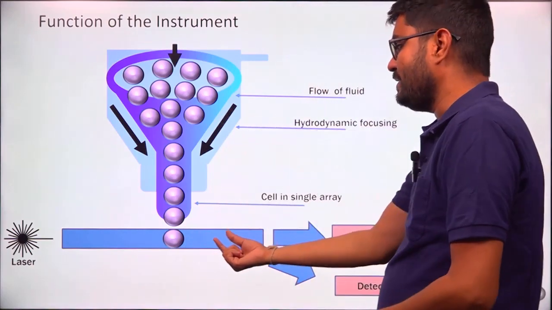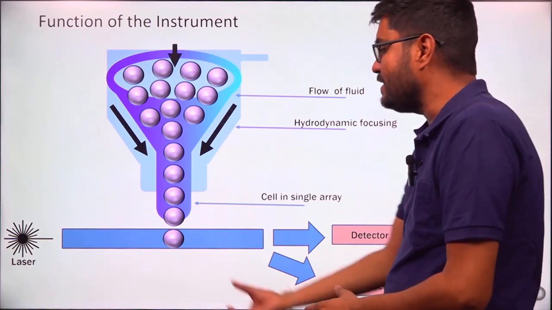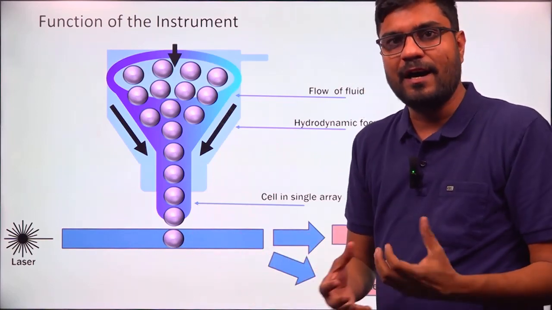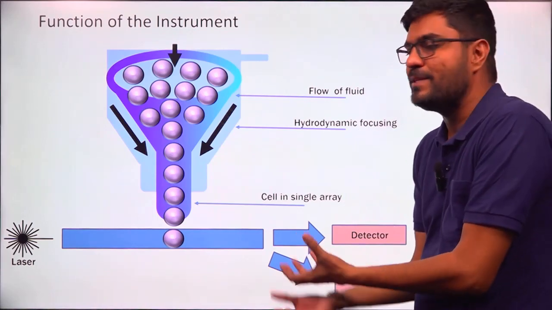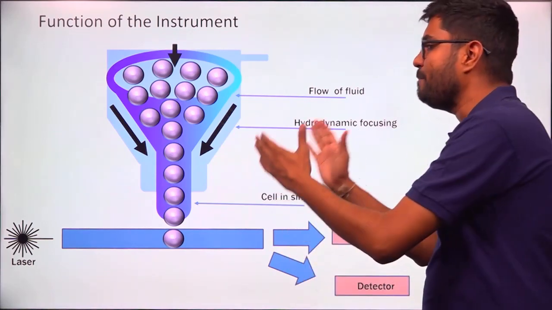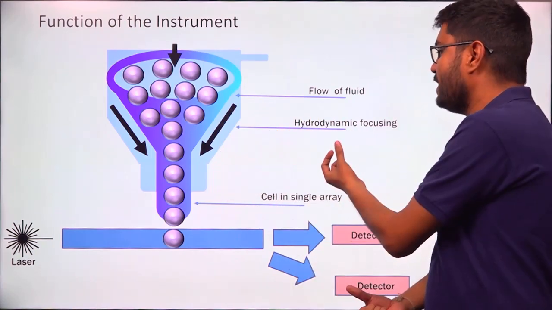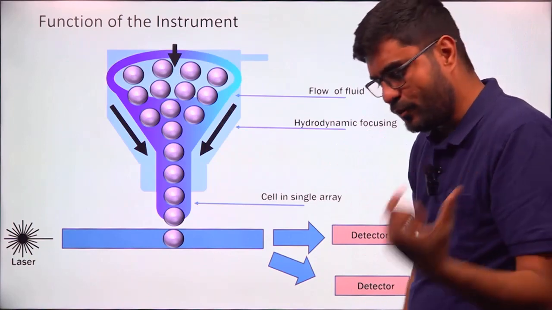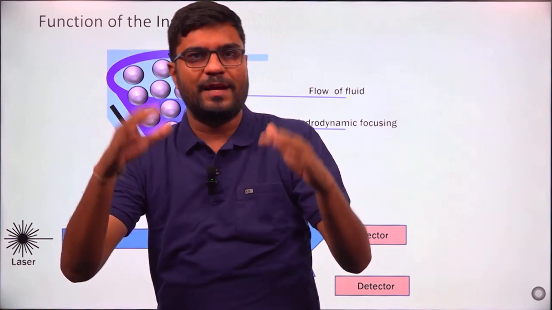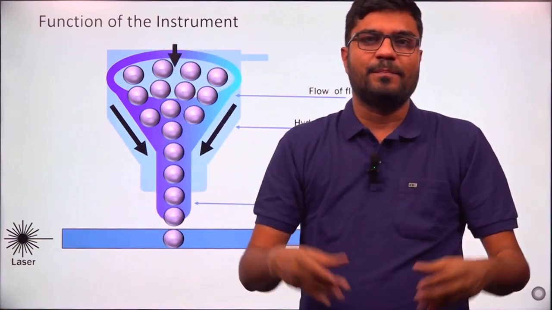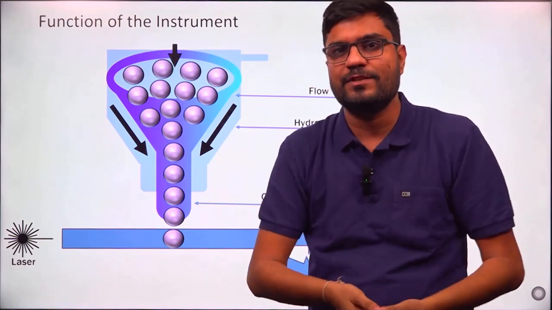And that one cell is interacting with the laser, the light source. And these interactions are measured by different kinds of detectors. The principle is very simple. And this application of pressure and generating this stream is called hydrodynamic focusing. Very simple to understand. You take some cells, you apply hydrodynamic focusing, you apply the flow of liquid, a pressure, to create a single array of cells.